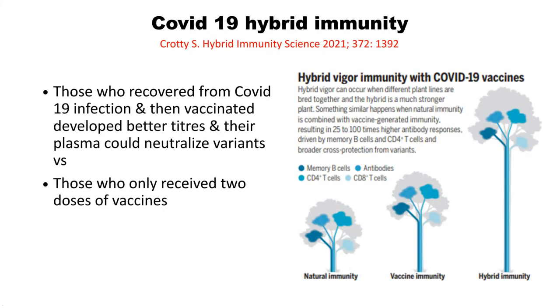This has then been reported as COVID-19 hybrid immunity. So natural infection itself gives protection from reinfection from the same virus unless a mutant arises, a variant emerges. But infection followed by vaccination will provide much better hybrid immunity.